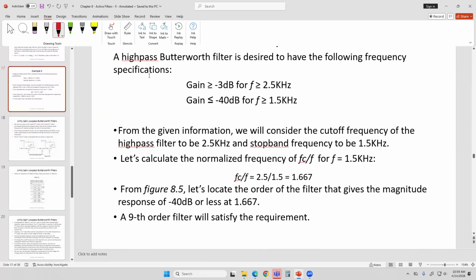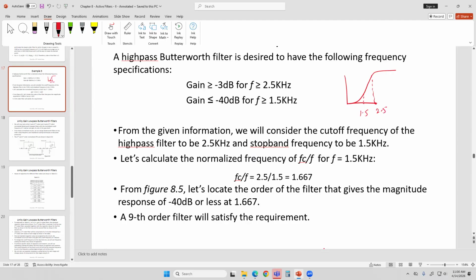So in this case, we are doing a high pass. Gain is greater or equal to negative 3 decibel for F of 2.5 kilohertz. So we are doing high pass. You have 2.5 kilohertz, and then you have 1.5 kilohertz. Two important frequencies are given, 2.5 and 1.5.